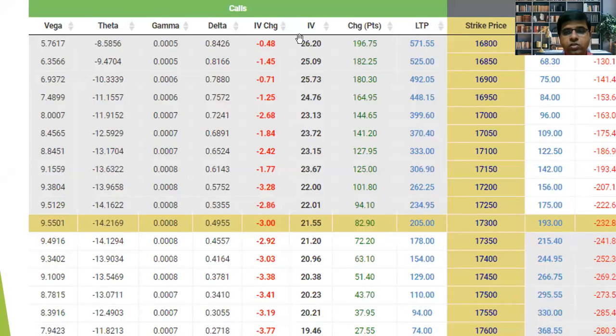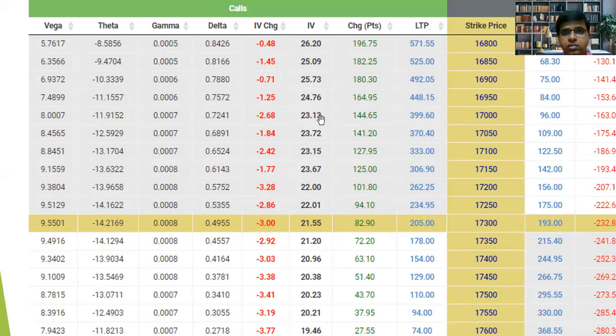See, I have just zoomed the IVs of the call price. Currently the Nifty index is trading at around 17,300, highlighted in light brown color, and I have taken the option prices of various strike prices ranging from 16,800 to 17,600.